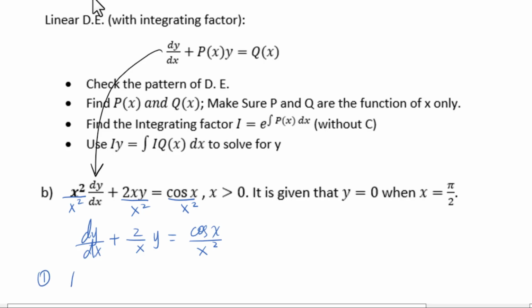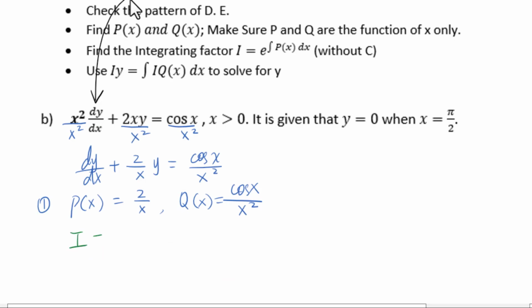Then p of x equals 2 over x, and q of x equals cosine x over x squared. We need to figure out this integrating factor, e to the integral p of x dx.